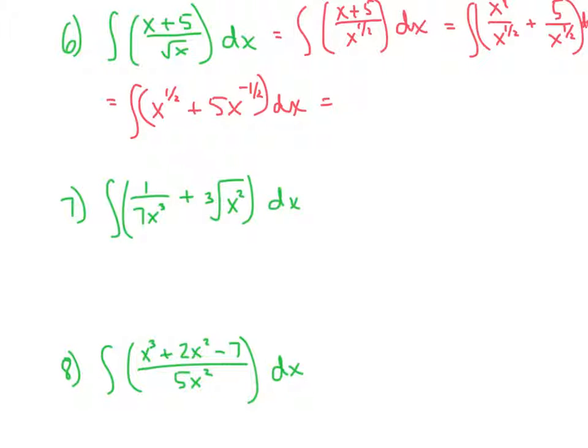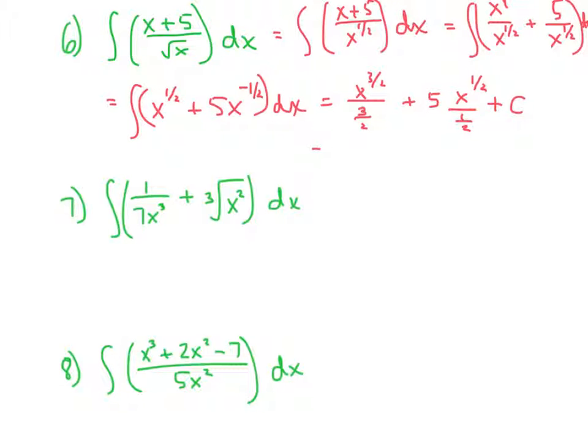Okay, the integral of x to the 1/2 would be x to the 3/2 divided by 3/2 plus, keep the 5 out there, x to the negative 1/2 plus 1 would be x to the 1/2 divided by 1/2, plus c. Okay, so now we want to just clean up those fractions in the denominator there.